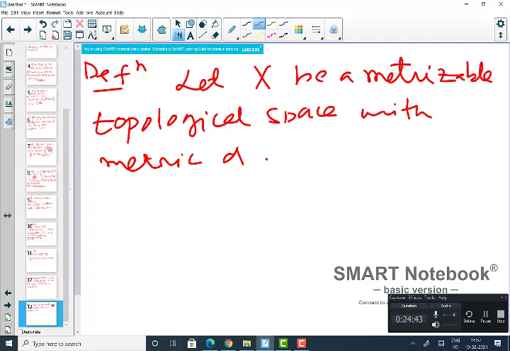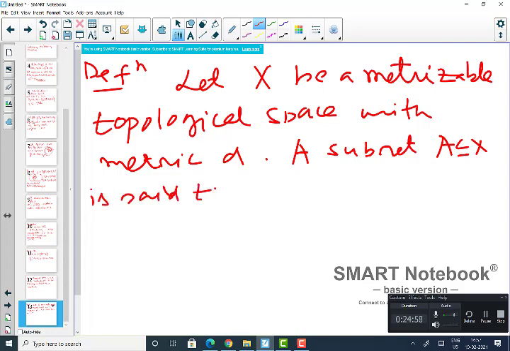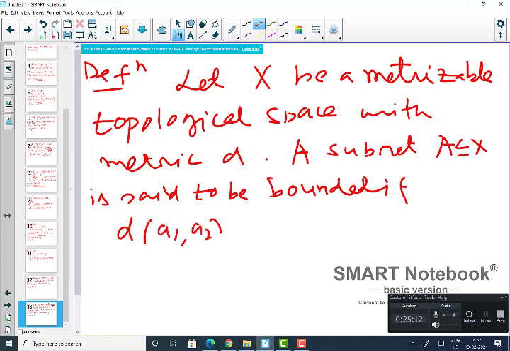Then we define a subset A of X to be said to be bounded if there exists some positive real number M such that d(a1, a2) is less than M for all a1, a2 belonging to A, okay.